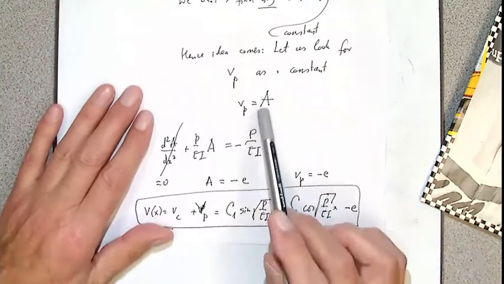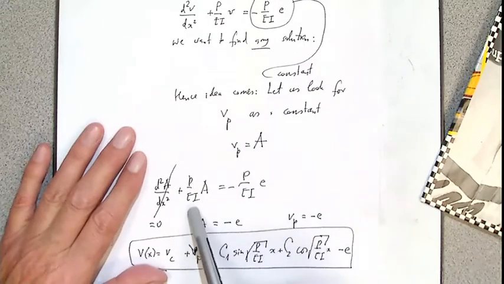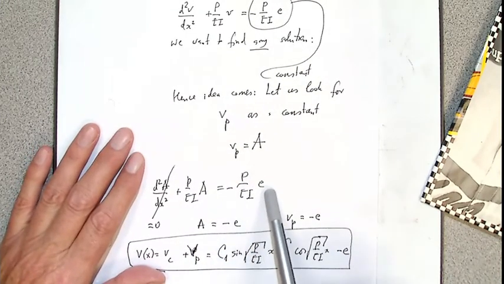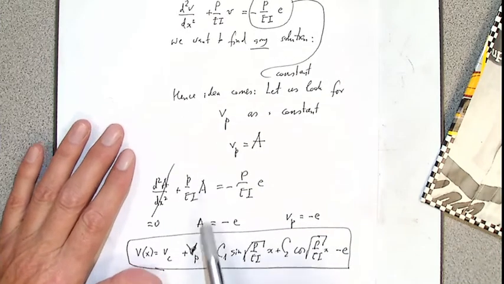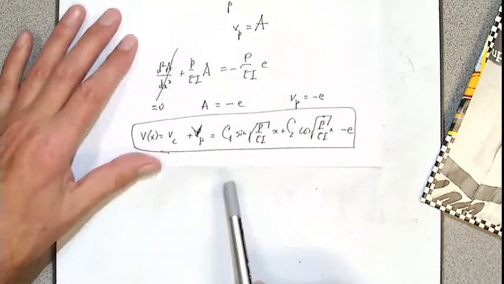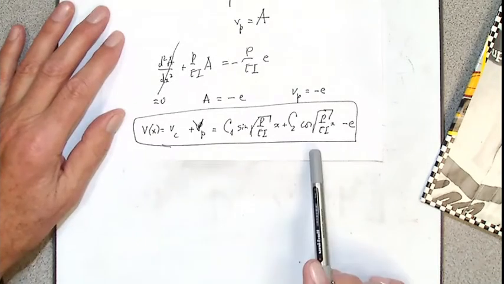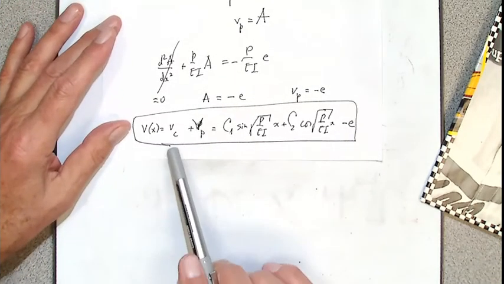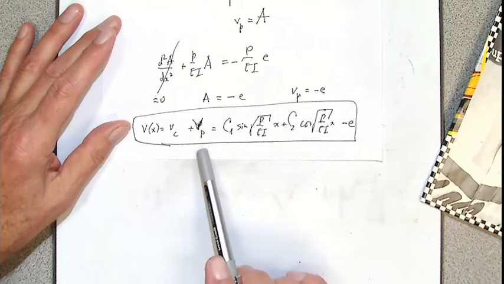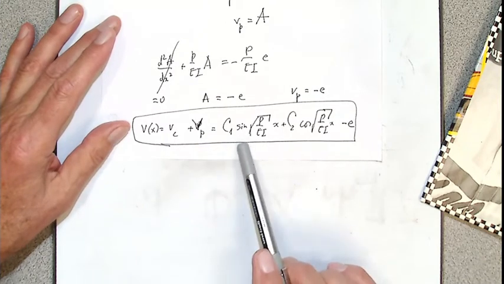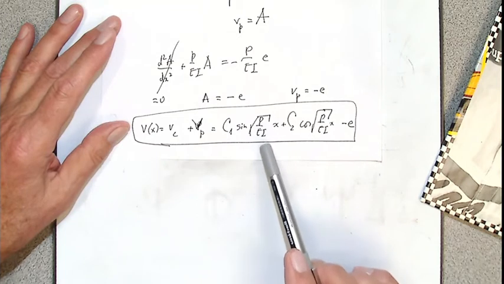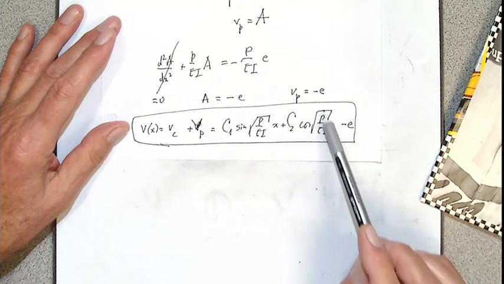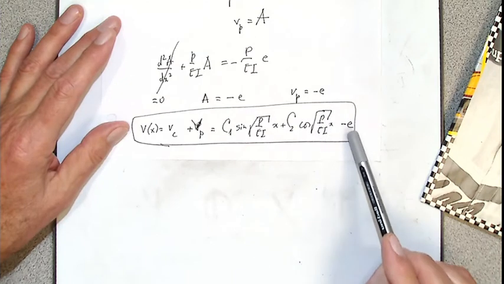So then I substitute this here, I get P over EI A equals minus P over EI e. So I get that A equals minus e. So the final solution, but with constants involved, that is v complementary plus v particular equals C1 sine of square root of P over EI x plus C2 cosine of square root of P over EI times x minus e.